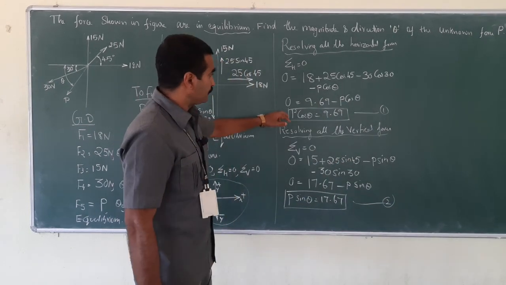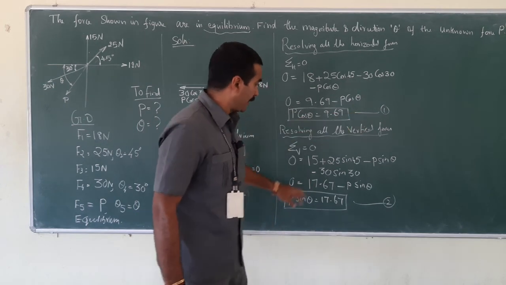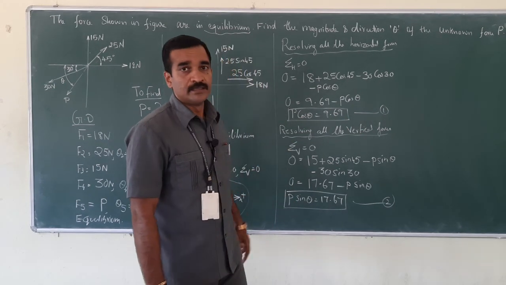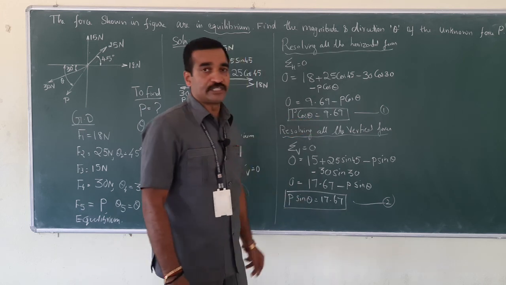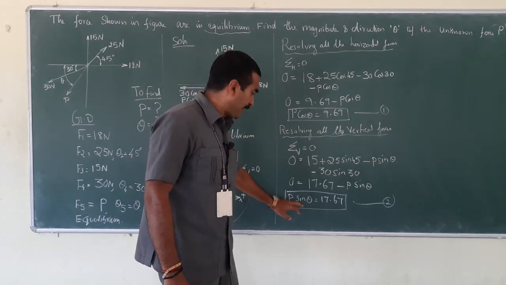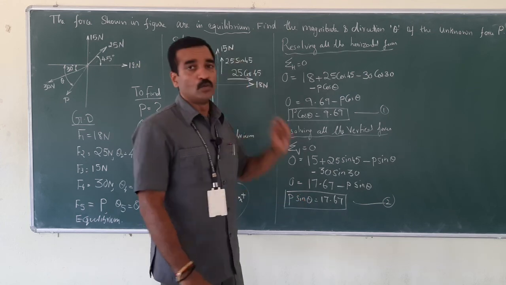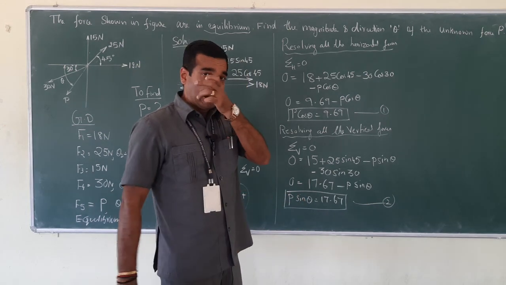Right. Now look at here, equation number 1 and 2. This is in P cos theta and this is in P sin theta. So if I divide equation number 2 by 1, that can be changed into tan theta.